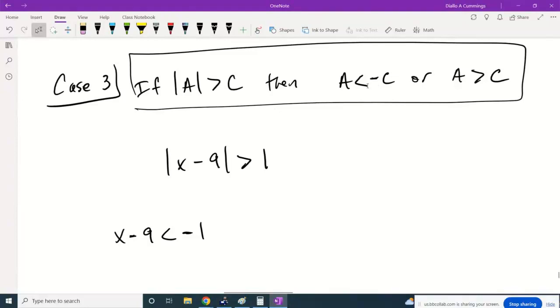So notice I flipped my sign, and I've rewritten 1 as a negative 1. So just keep in mind that in this formula, a is whatever is inside of your absolute value. And for this case, c is going to be 1. So the formula says I reverse my inequality. I'm going to make 1 negative. Or I can drop the absolute value, keep my sign, and keep 1 exactly the same as I see it in the problem.